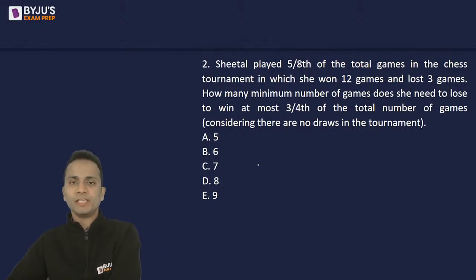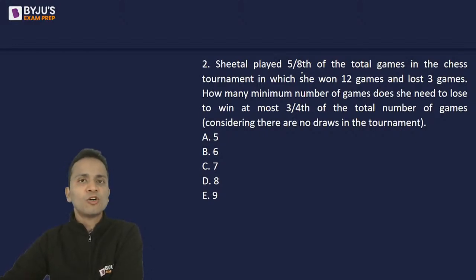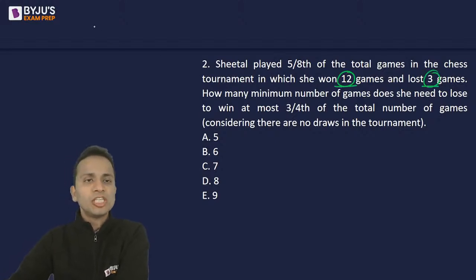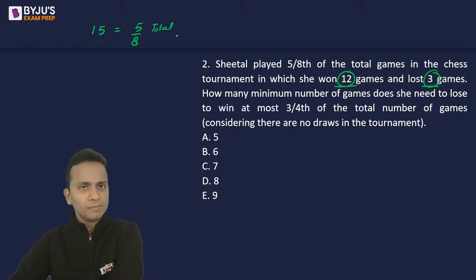Let's start solving this. Now, Sheetal played 5 by 8th of the total games. Okay, so till now she has played 5 by 8th of the total games, 12 wins and 3 losses. So 12 wins, 3 losses, that means she has played a total of 15 games, which is equal to 5 by 8 of the total number of games. Simple.